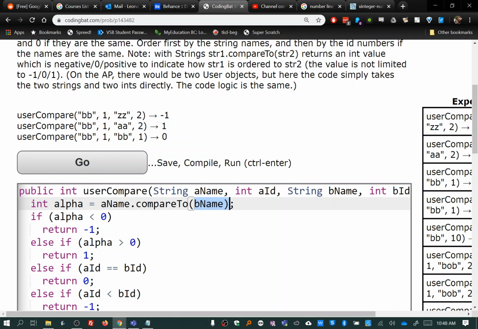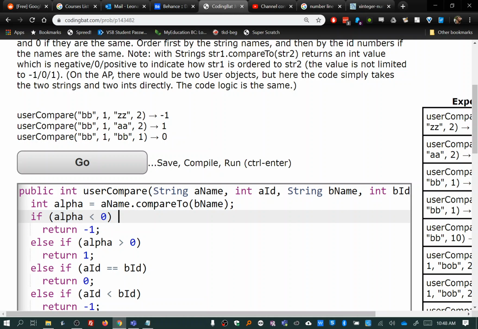Because if compareTo returns a positive number, then the right one won. So I should return -1. Sorry, I got that mixed up. Let me start again. I should probably edit this video.